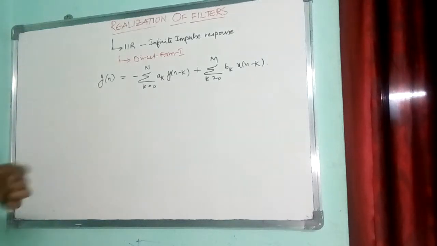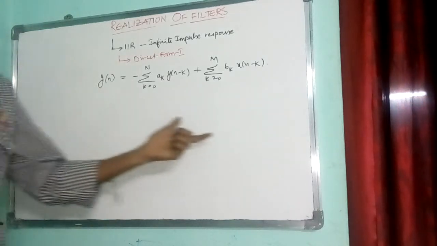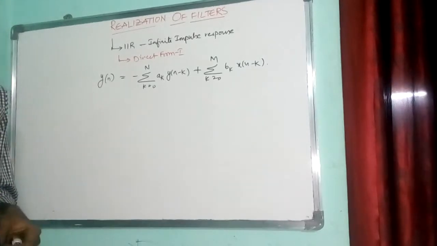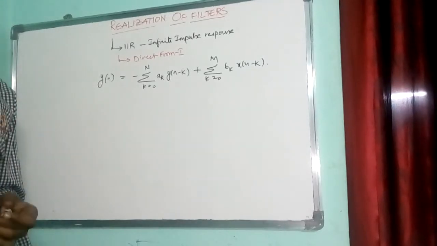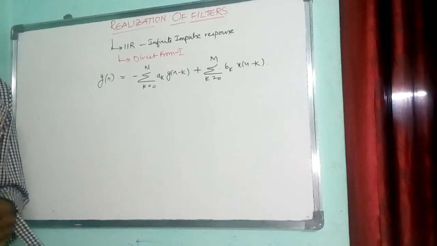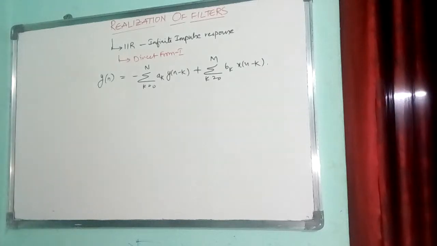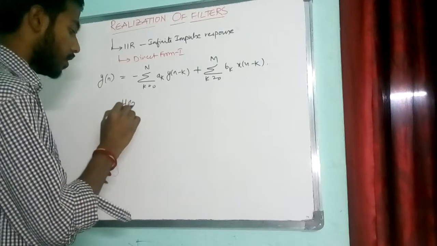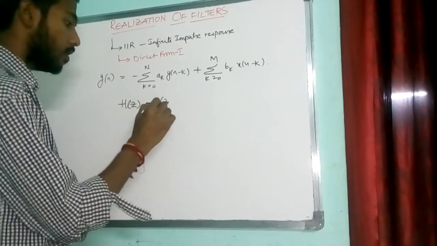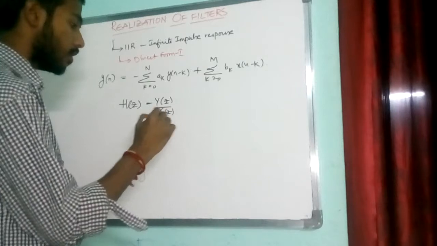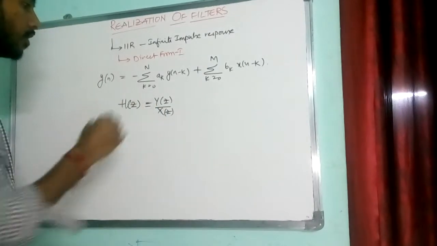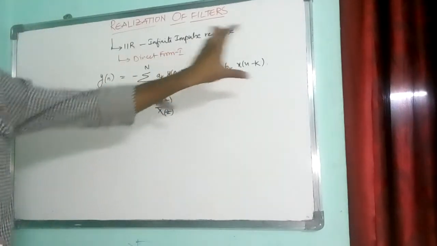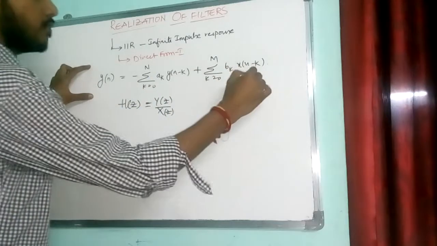As it is a digital filter, we cannot use the Fourier transform or other transforms. Rather, we use Z transforms for finding the transfer function. So what is the transfer function? It is H of z, which is given by Y of z by X of z. So apply Z transforms to the first equation.